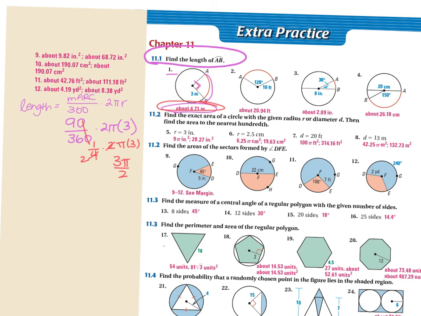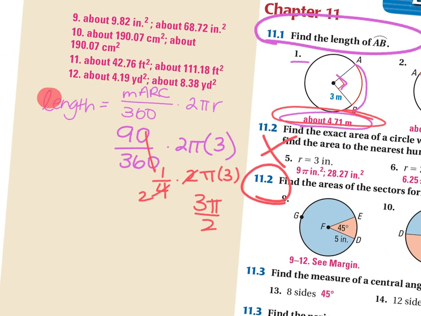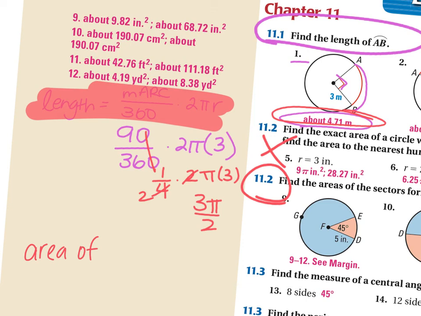For 11.2, now it's the area of a circle. And actually, it's not going to ask you for the area of a circle. You're going to go straight to area of a sector. So this is, again, a formula you want to review. The area of a sector is the measure of the arc again over 360 times the area, which is pi r squared.